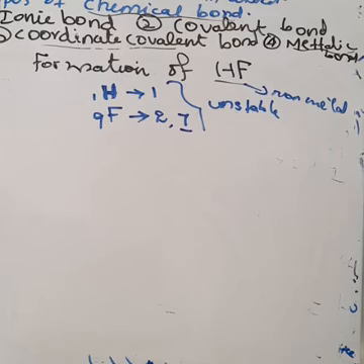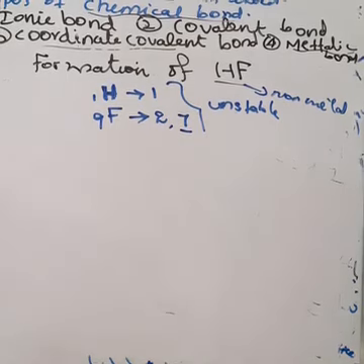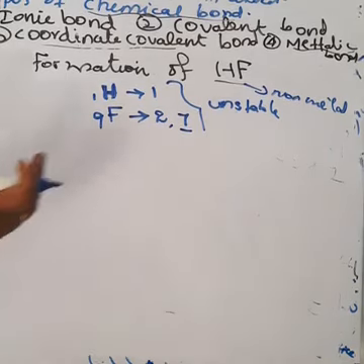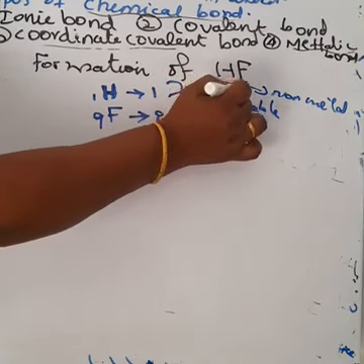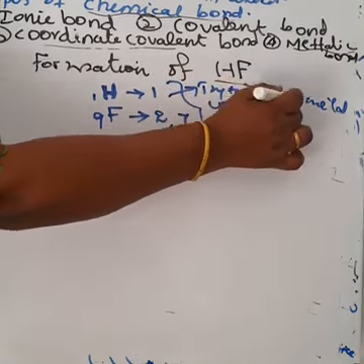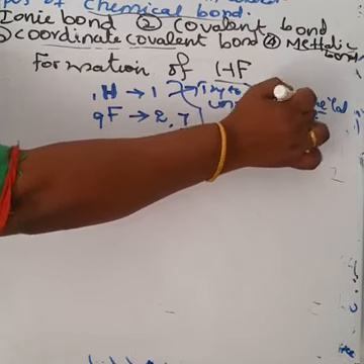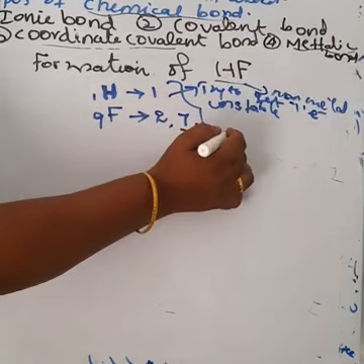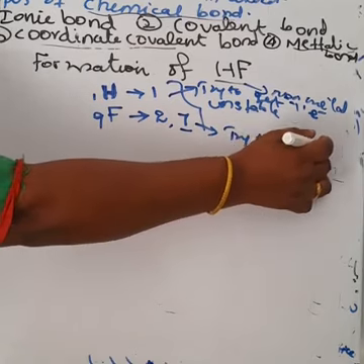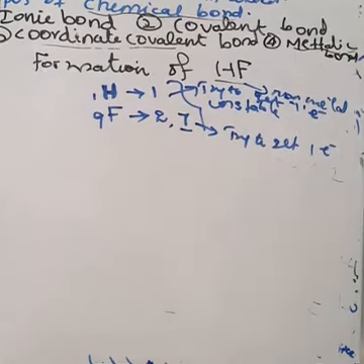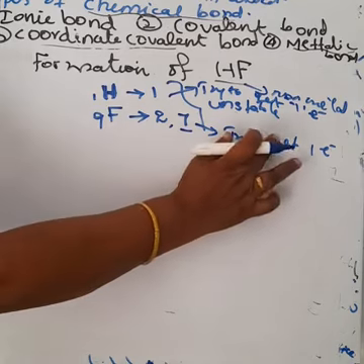So the hydrogen atom tries to get one more electron from another atom. The fluorine atom also tries to get 1 electron from another atom. Hydrogen has only 1 electron, fluorine has 7 electrons.